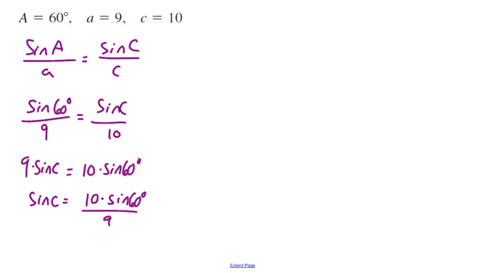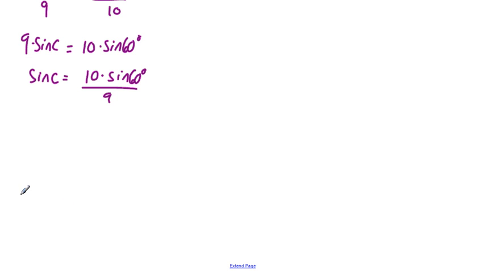Now we're trying to find the actual angle C. We're not interested in finding sine of C, we want to find what C is. So let's remember how we do this. In order to get rid of sine, I need to take the arc sine, or the sine inverse, of both sides.